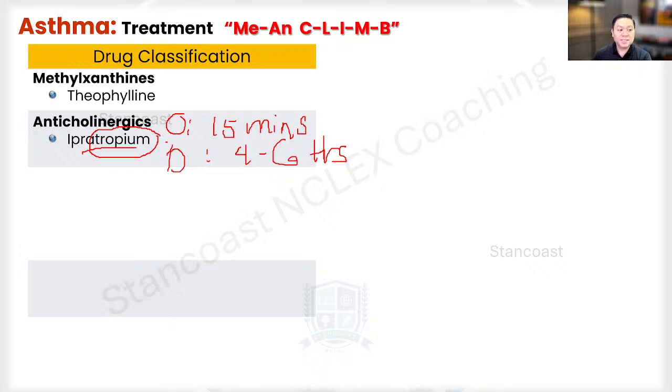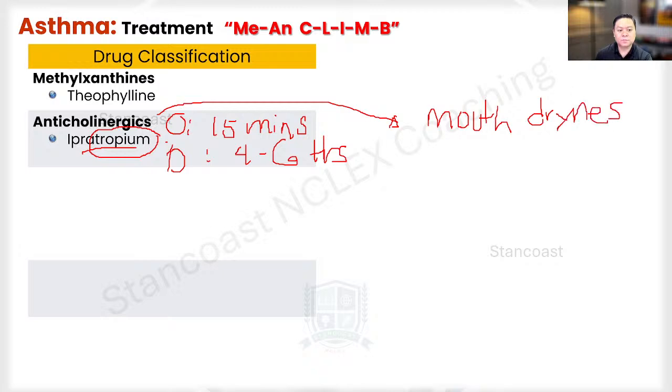Now, since we know that this is an anticholinergic, remember about the side effects of an anticholinergic. Yeah, it can cause dryness, mouth dryness. And this is going to be very uncomfortable when your mouth is really dry. So what are you going to do here as an RN?